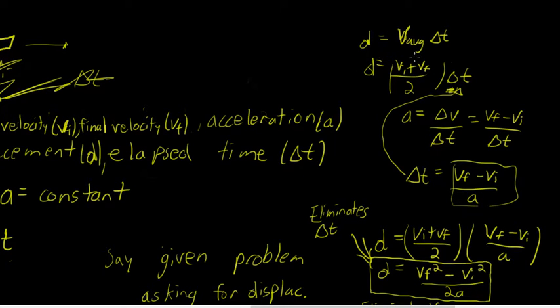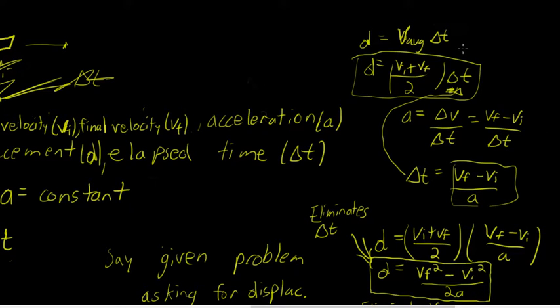The initial formula we worked with, displacement is average velocity times elapsed time, and assuming constant acceleration, that's initial velocity plus final velocity over 2 times elapsed time. This eliminated acceleration, right? So this formula here relates displacement, initial velocity, and elapsed time without having to know acceleration.